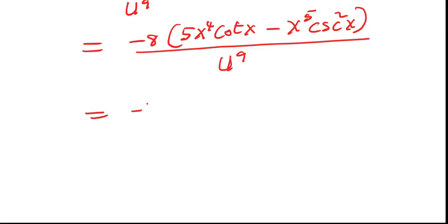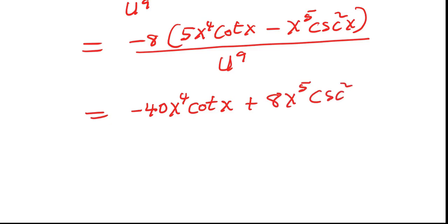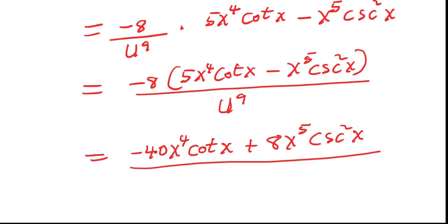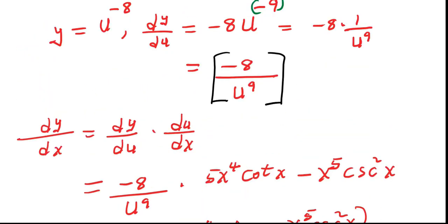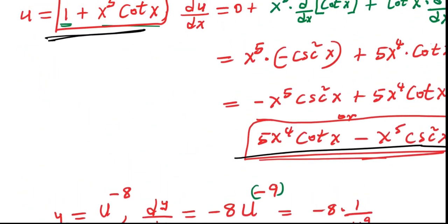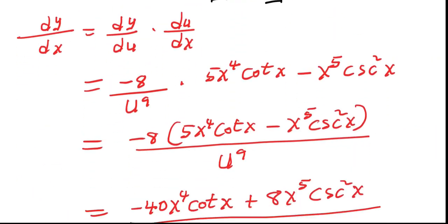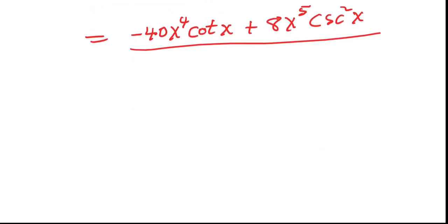So this would give us -40x to the 4th power cot x plus 8x to the 5th power cosec squared x over the value of u, which is 1 plus x to the 5th power cot x.